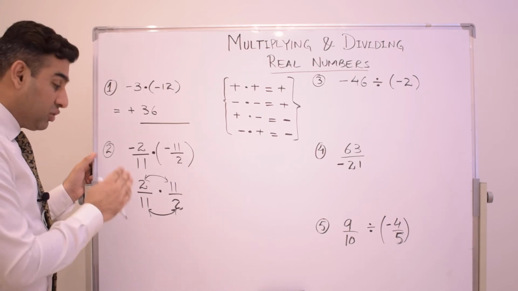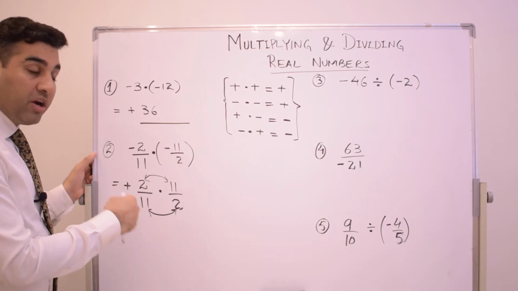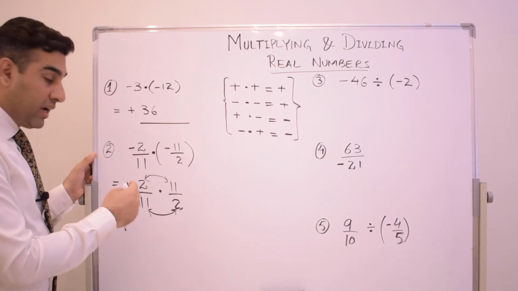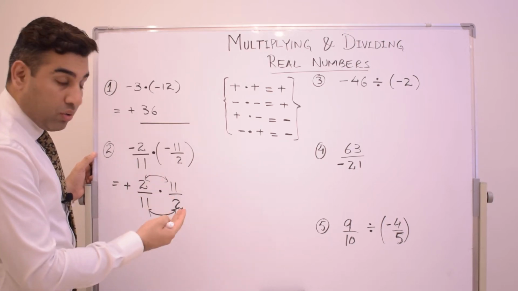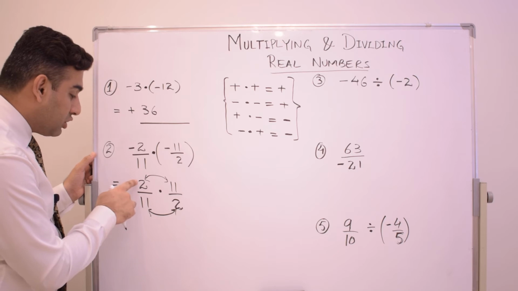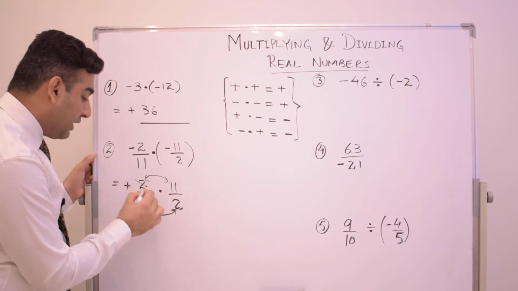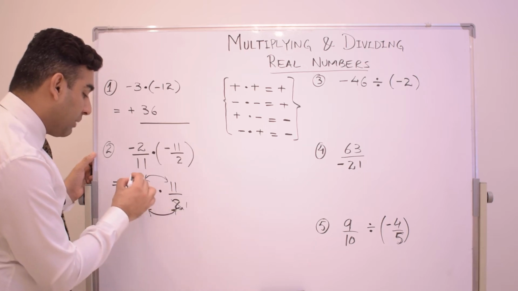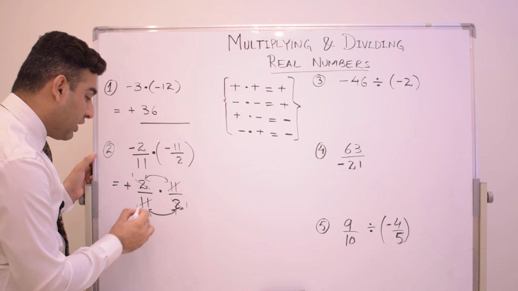I mean to say, before multiplying the numerator with the numerator and the denominator with the denominator, you have to check whether there is any possible simplification. As I can see, the 2 can divide the 2. They are in the same table, so you can cancel them: 2 times 1 and 2 times 1. In the case of 11 also, the 11 can cancel: 11 times 1 and 11 times 1.